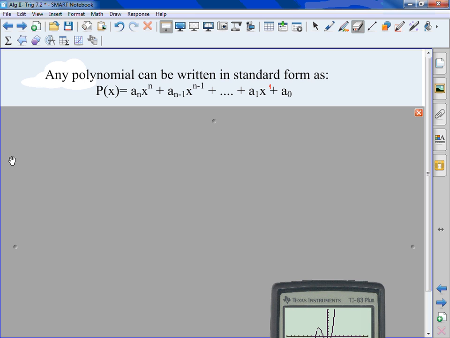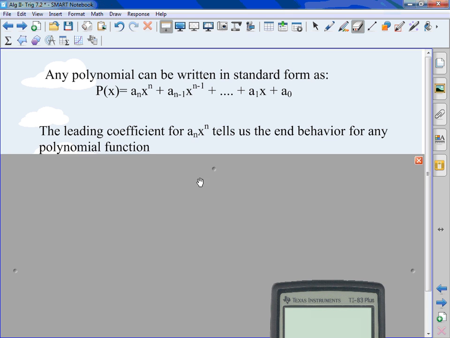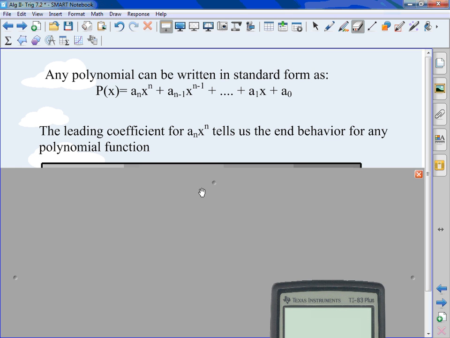The leading coefficient, a sub n x to the nth, will always tell us the end behavior for any polynomial. The highest degree will tell me what the graph will look like.